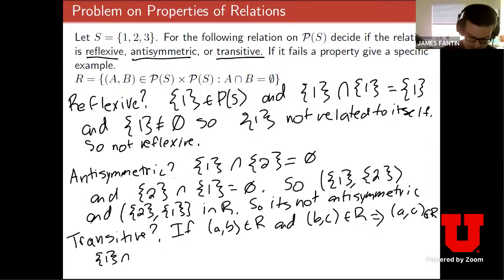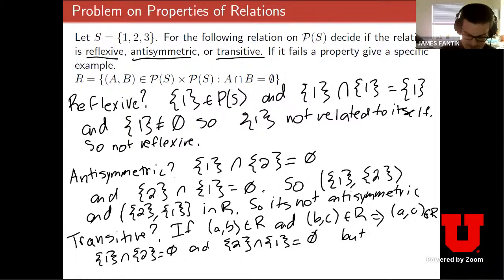We had that {1} intersect {2} is the empty set, and {2} intersect {1} is equal to the empty set. So we have A is related to B, B is related to C, but {1} intersect {1} is just the set {1} and not the empty set. So it's not transitive.